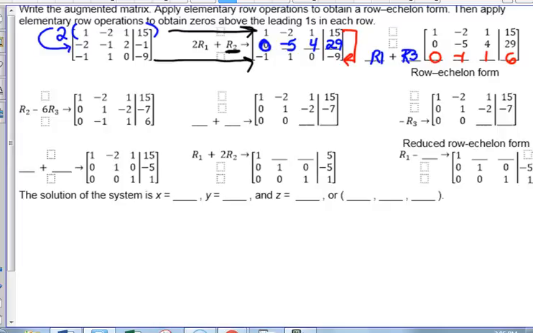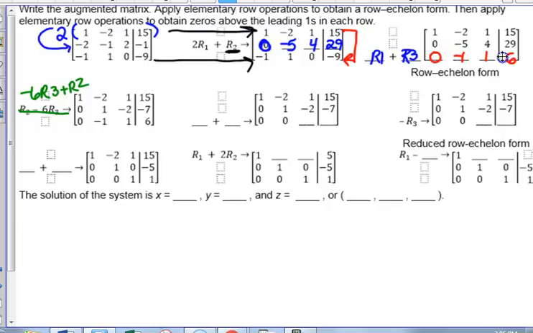All right, now, I don't like how they've written this, so I'm going to rewrite it. The next thing they did, they took negative 6 times R3 and added it to row 2. That's how they got this, and I'm just going to tell you that's how they got this. Does that sound like a plan?